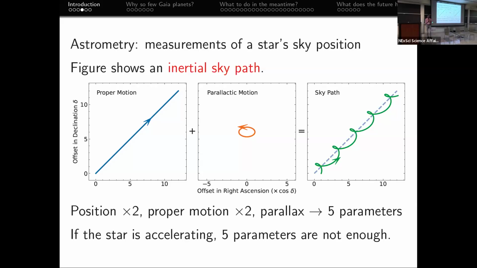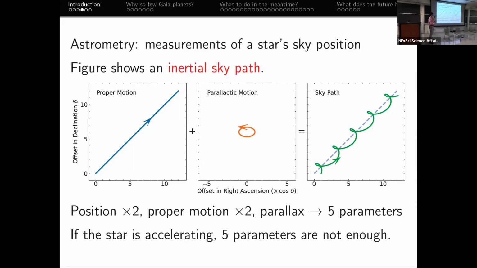And then there's one more, which is called parallactic motion. That's from the motion of the Earth and the fact that our perspective changes. Just like if I move, then the position of somebody in the front row relative to something on the back wall will appear to shift a little bit. Same thing from the motion of the Earth around the sun. If you know where the star is in the sky, you know what form that takes, you just don't know how large the amplitude of that motion is.